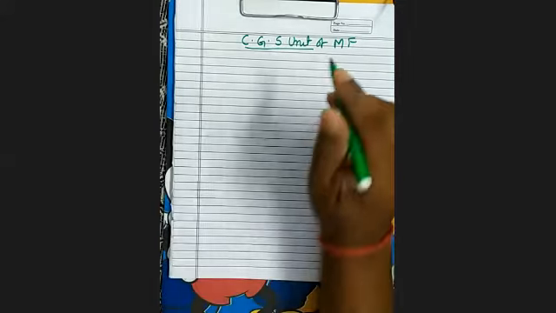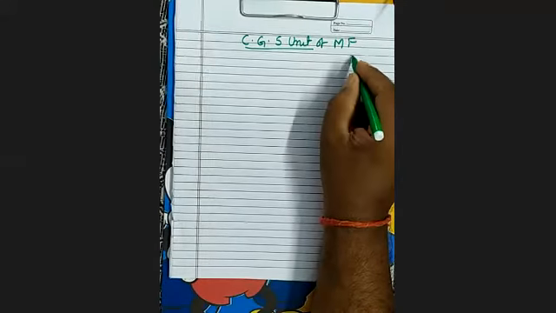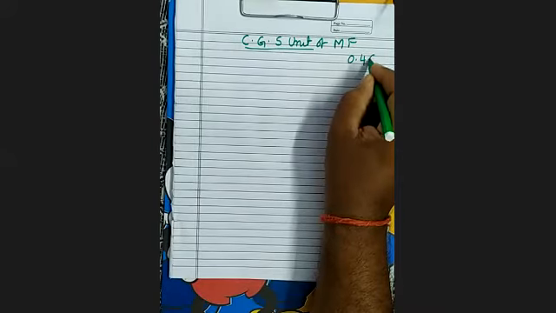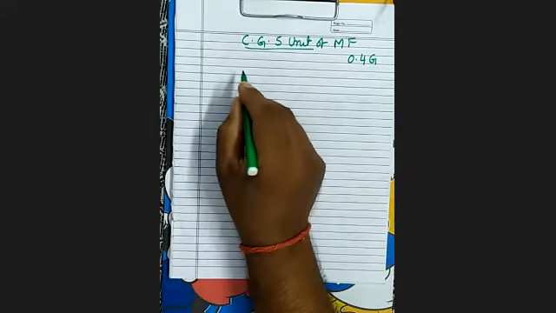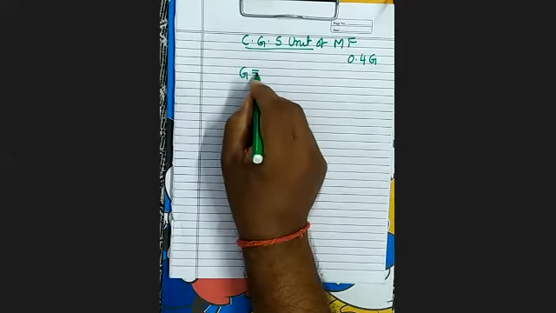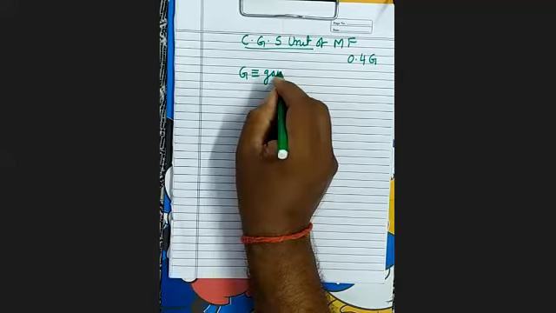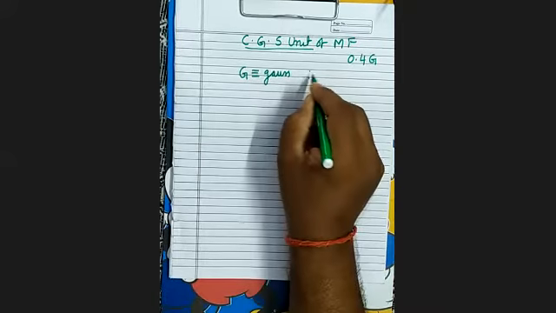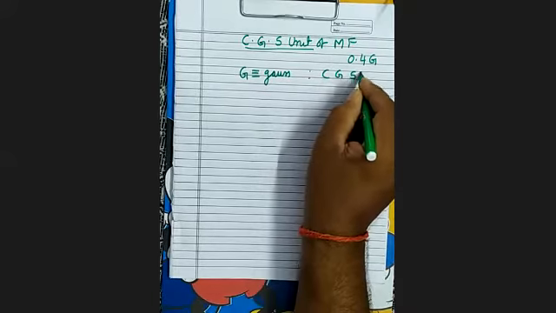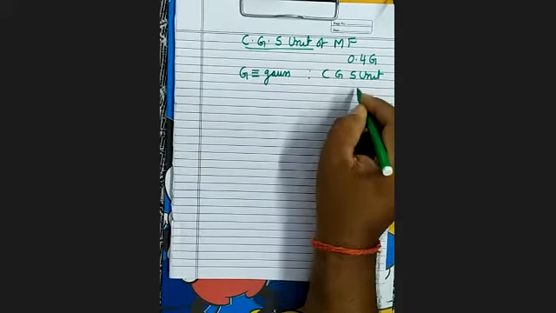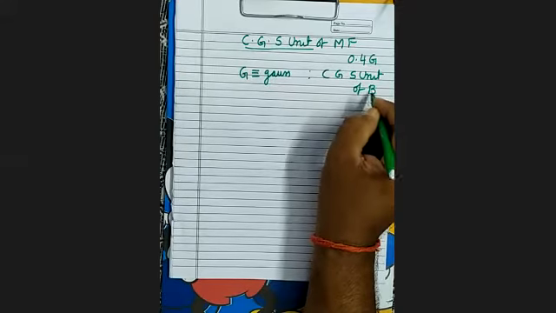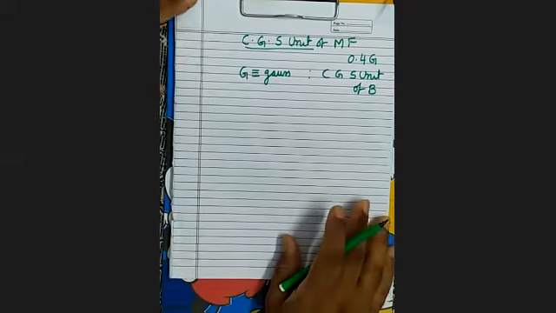If we see the magnitude of the Earth's magnetic field, it is nearly 0.4 Gauss. Gauss is the CGS unit of B. Magnetic field की CGS unit है.